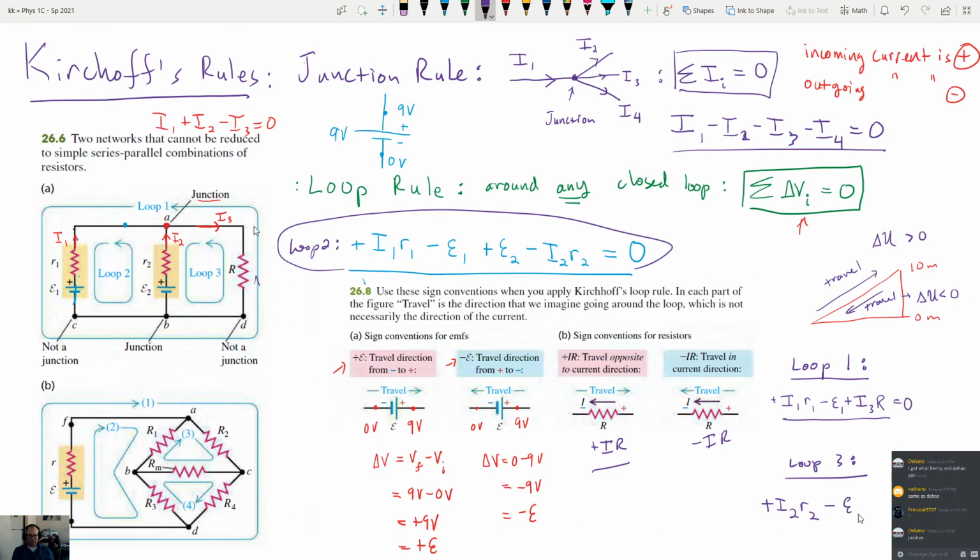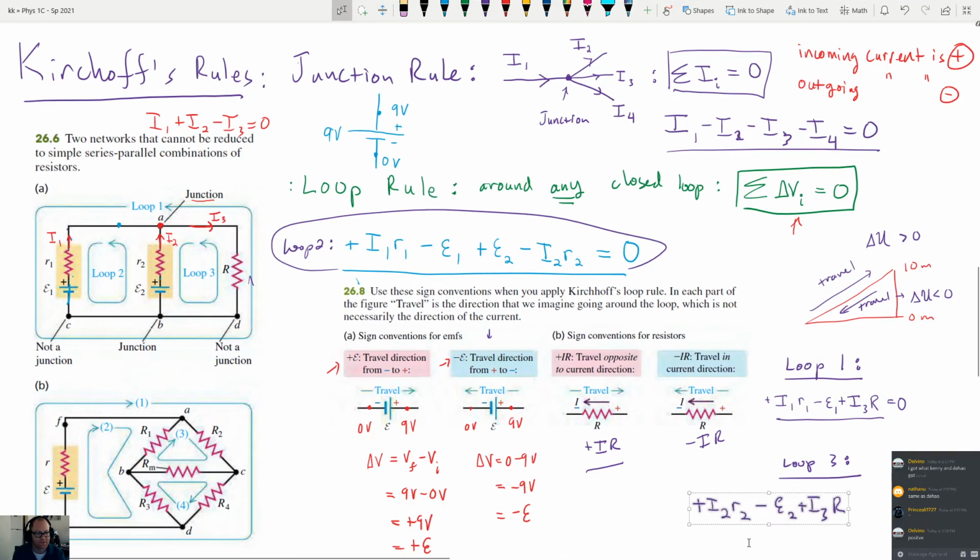Negative E2, sorry, because again it's travel direction from plus to minus. And then finally, loop 3, so we went around this way, still going against the grain with I3, so it's going to be plus I3 times big R. It's off screen, I'll move it. There we go, that's loop 3.